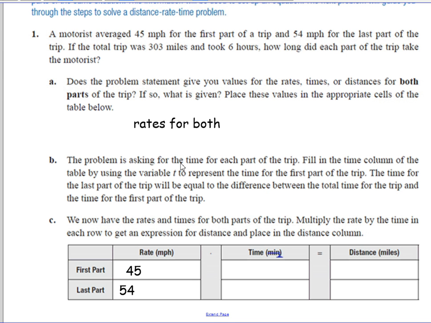The problem is asking for the time for each part of the trip. Fill in the time column of the table by using the variable t to represent the time for the first part of the trip. So we don't know how long it's going to take, so let's assign it t. Now, the time for the last part of the trip will equal the difference between the first part of the trip and the total time.